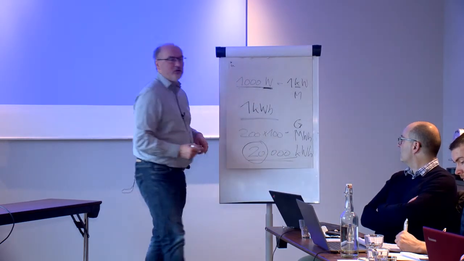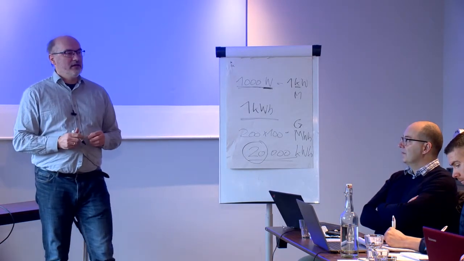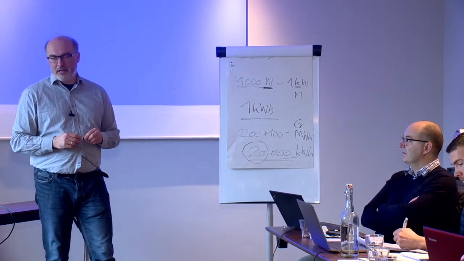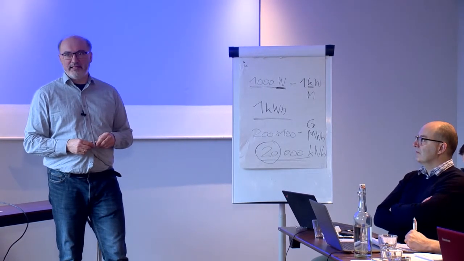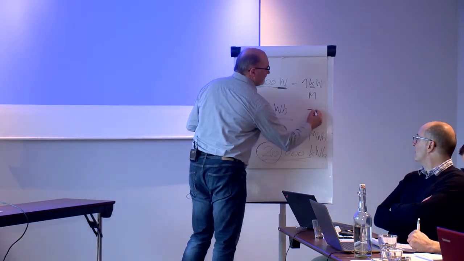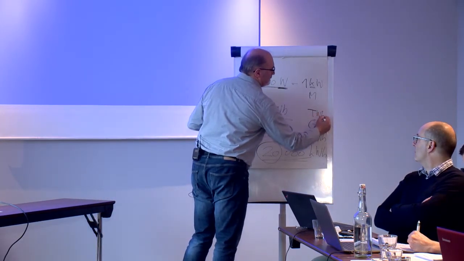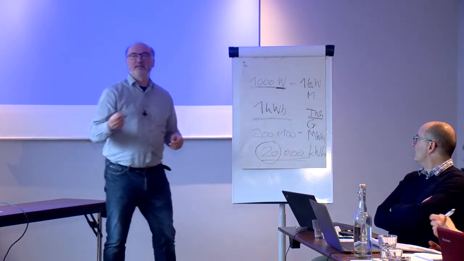When we talk about the country's electricity consumption, I think the whole of Ireland consumes about 34 terawatt hours, if I remember correctly. Then we have terawatt hours. So kilo, mega, giga, tera, and it's always a factor 1,000 in between.